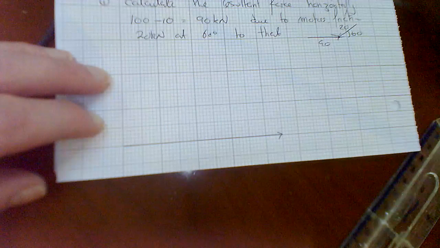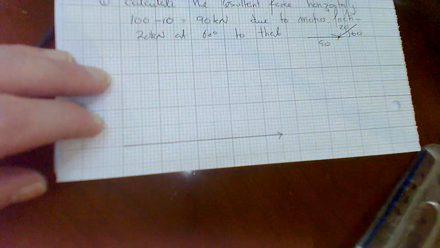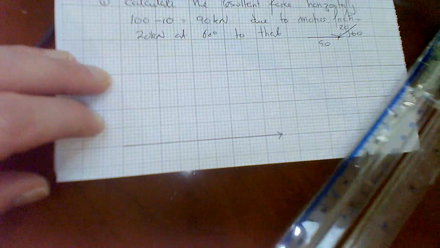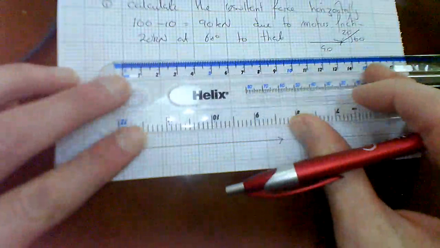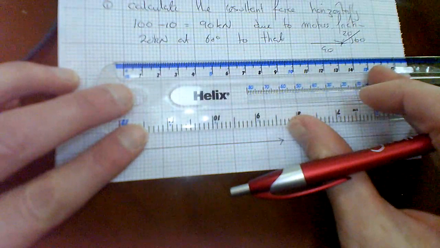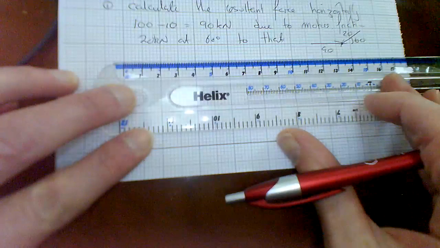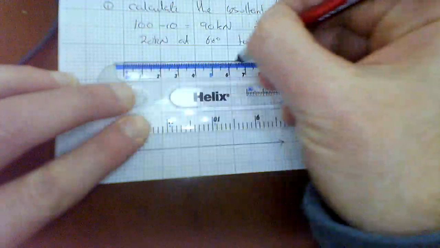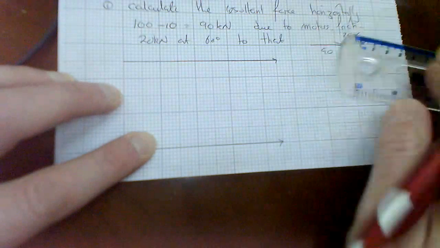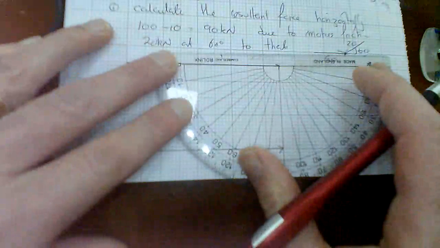And we also have a downwards force. Let me just rearrange this now. I've done that wrong. I need my 9 there, because I haven't got space to draw it. So there's my 9. And now I'm going to come in and say I want a force at 60 degrees to that.